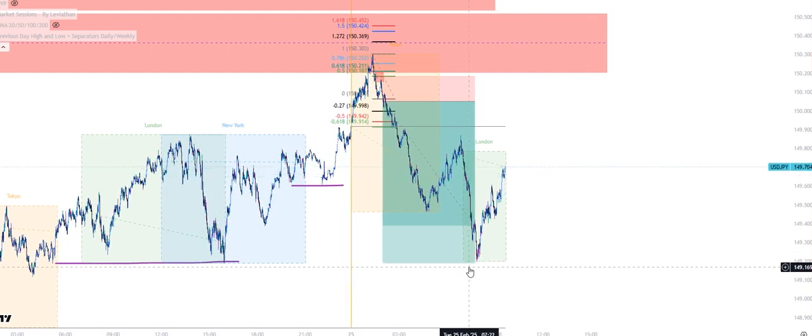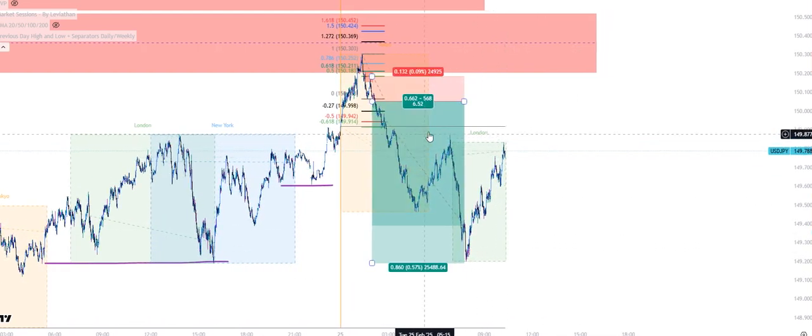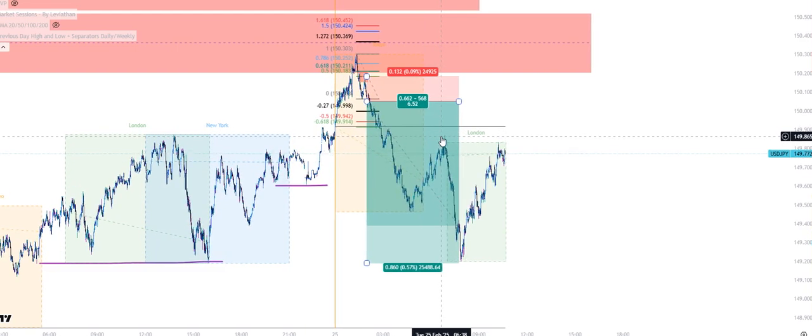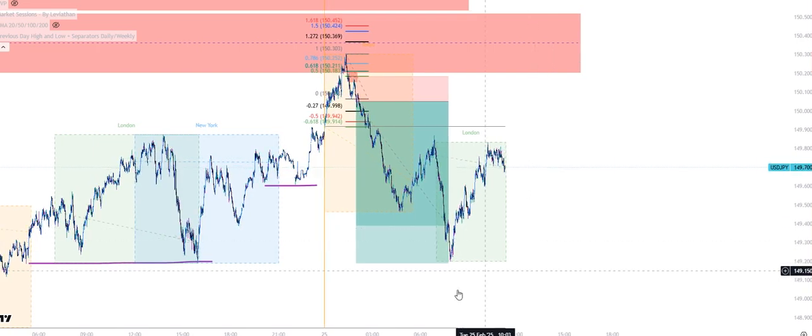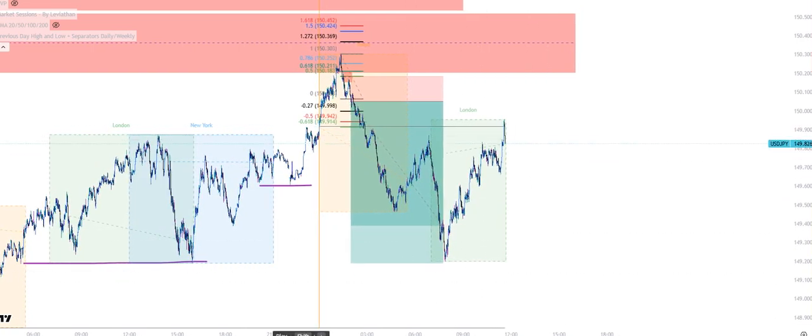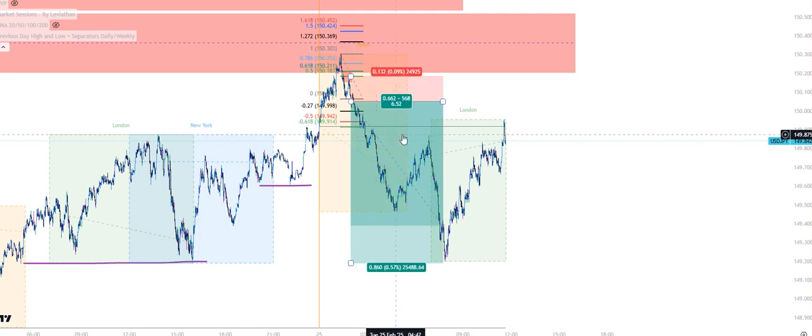We're close to hitting TP. Came here. We're going to take this out. We're going to take London high maybe. Okay, so you can see we went up to take out London highs.